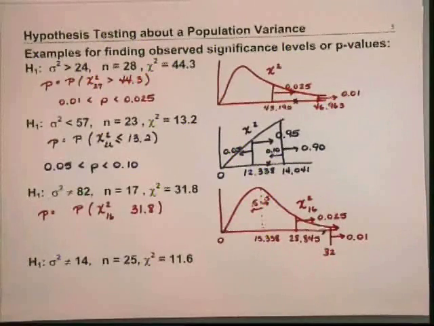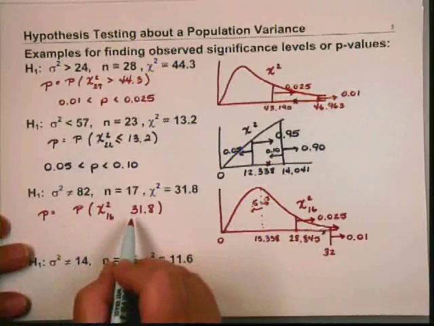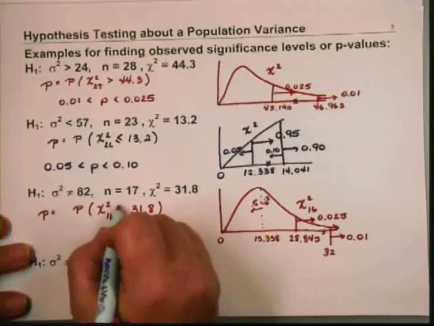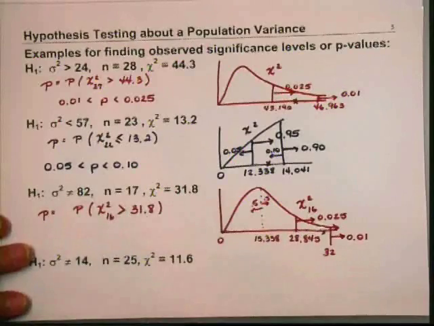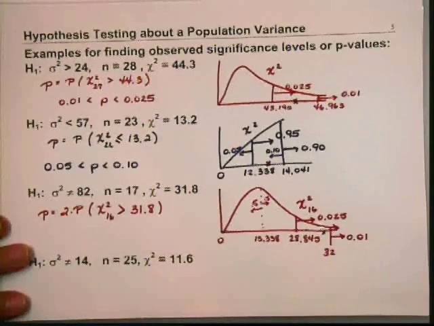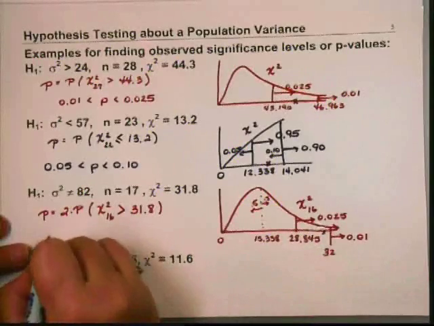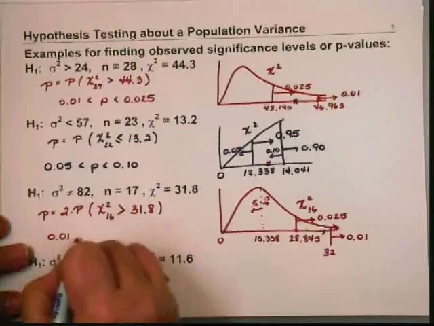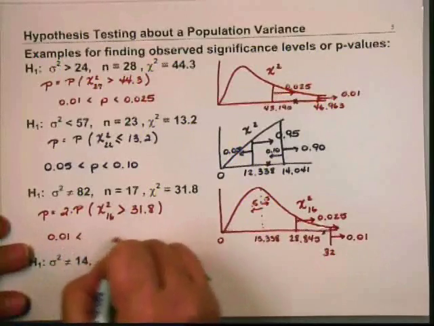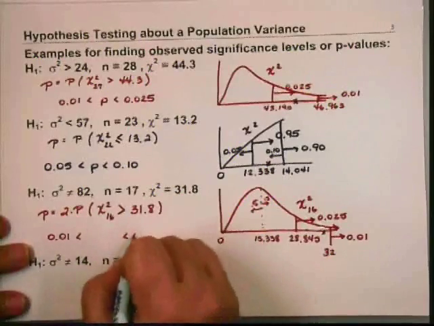So first of all, we have to report we're looking at right-hand areas. Agreed? Because we're in that right side of the distribution. We multiply by 2 because it's a two-tailed test. So what we found over here, this 0.01 is less than the other side 0.025.